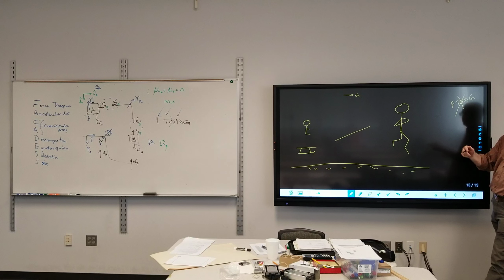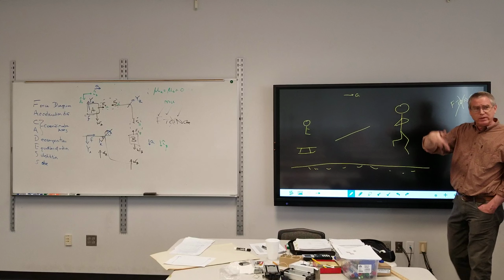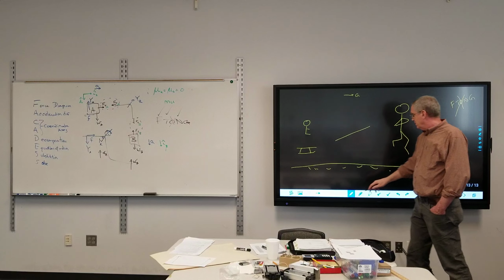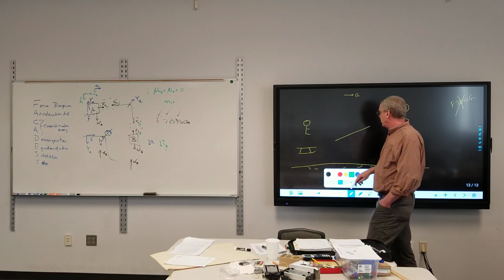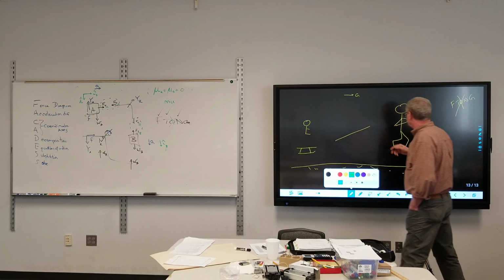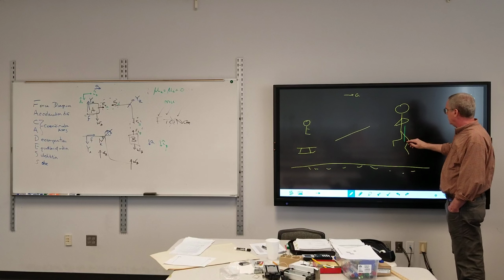Yes, Abigail. Is weight going to the right because the man's pulling? Which way does weight go? Down. So weight is going to be going down. So let's put that in there. So the weight of everything except for the rope.